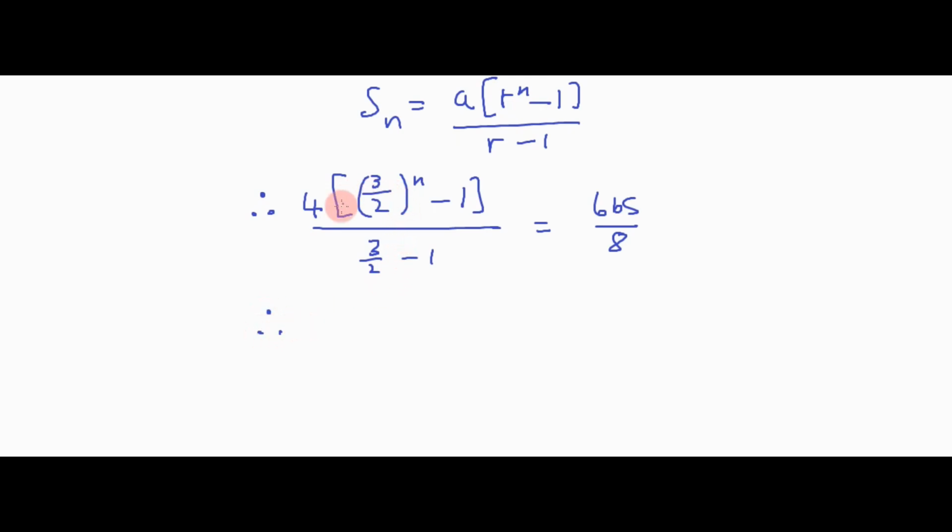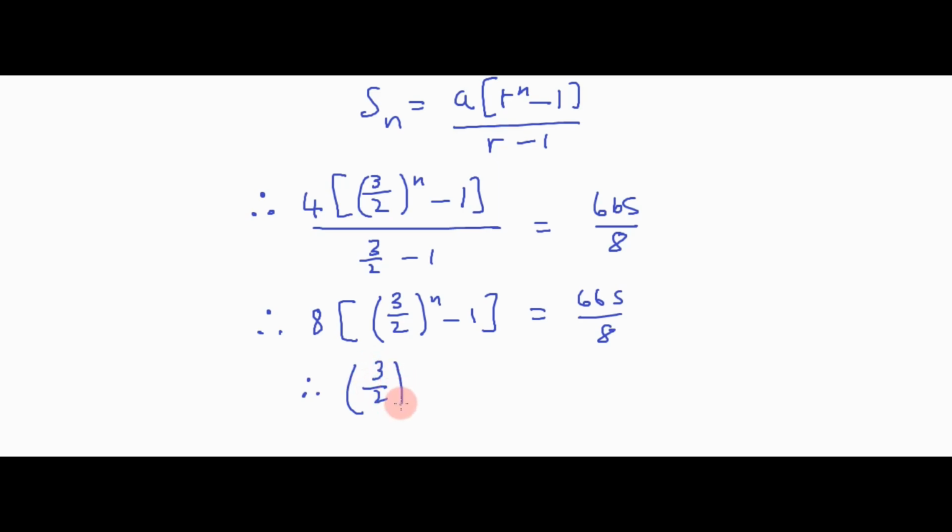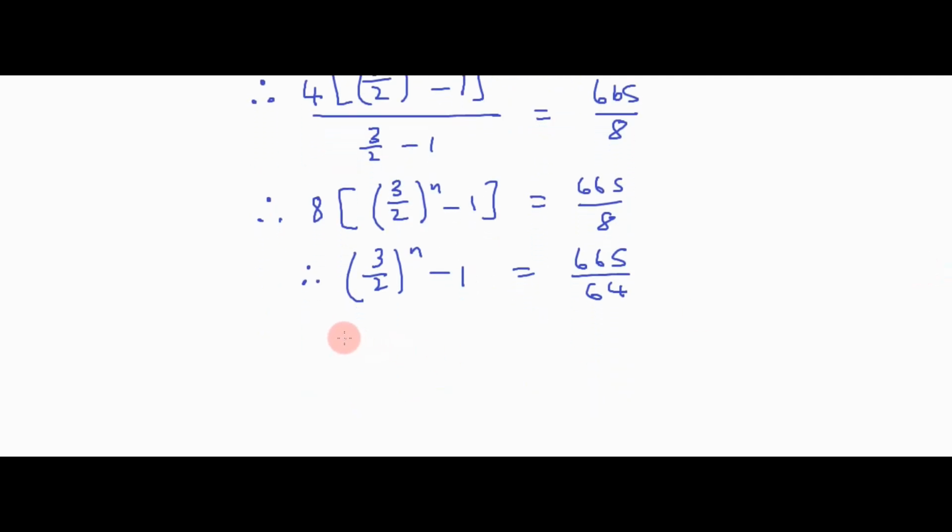So let's solve this equation. In the denominator we have 3 over 2 minus 1, which is 1.5 minus 1, which of course is a half, and then 4 divided by a half is 8. Now we can divide the 8 into the right-hand side. And we get 665 divided by 64. We can take the negative 1 to the right-hand side.